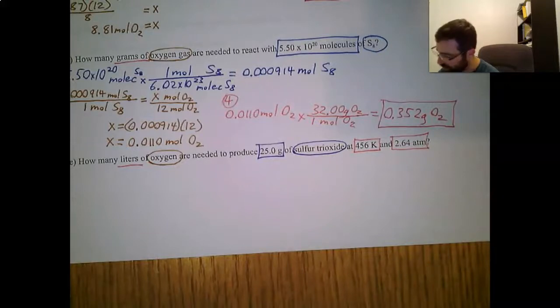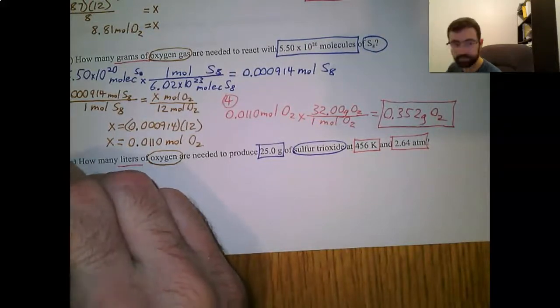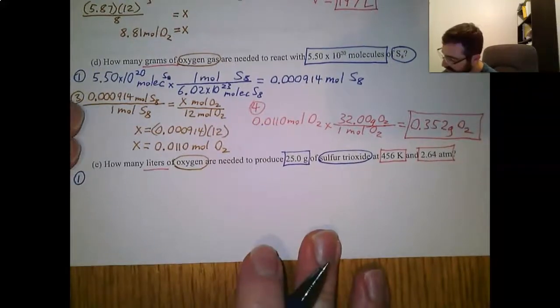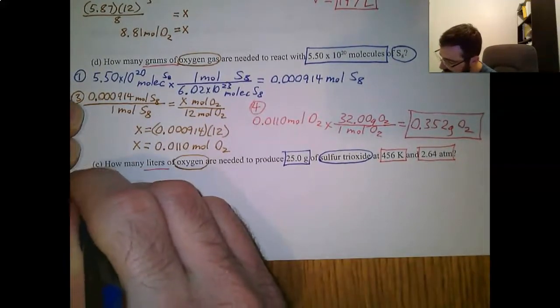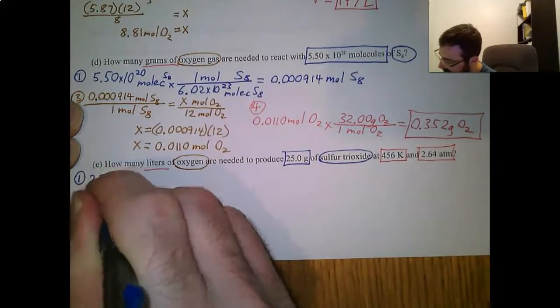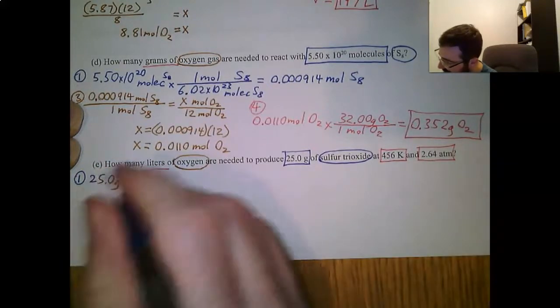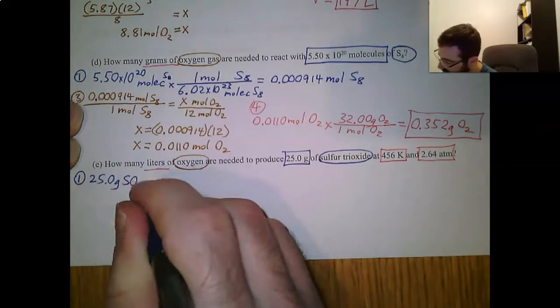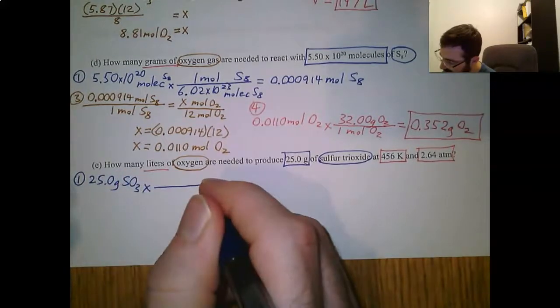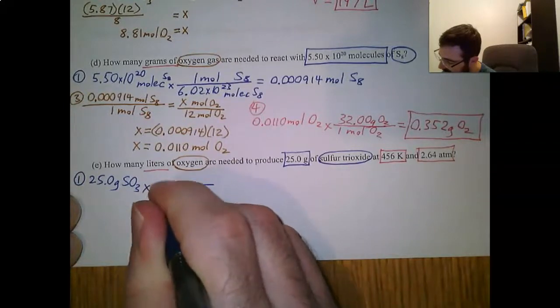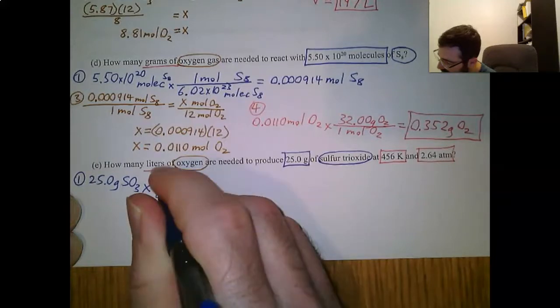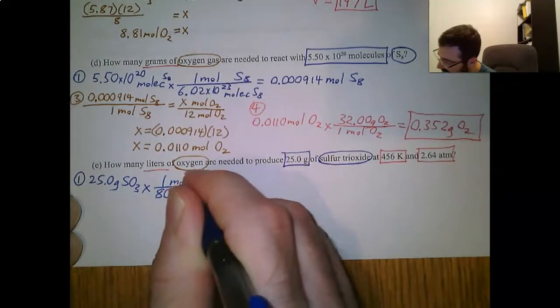So we start out with step 1, convert 25.0 grams of SO3 to moles. So we got 80.06 grams of SO3 in 1 mole of SO3.